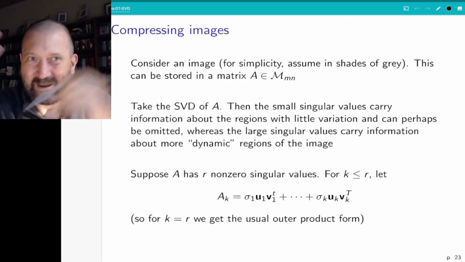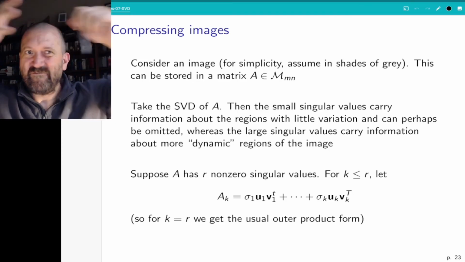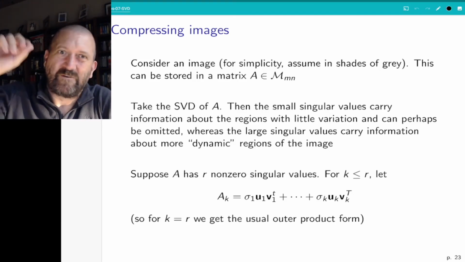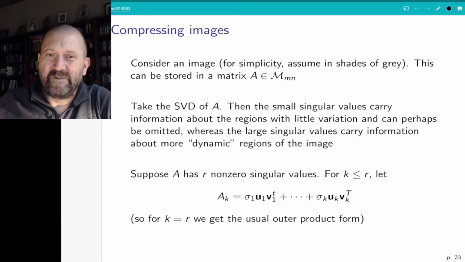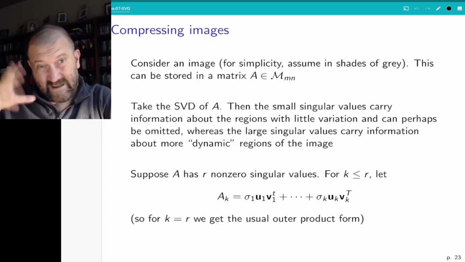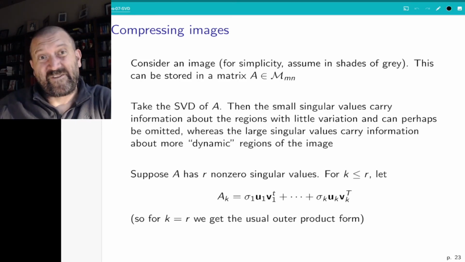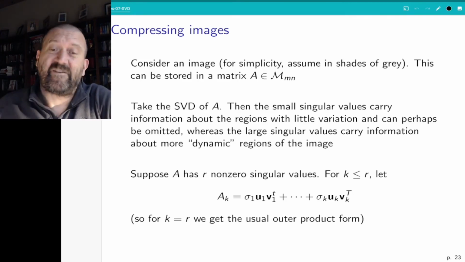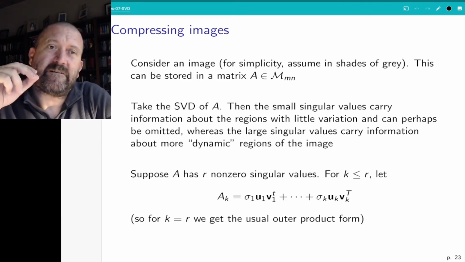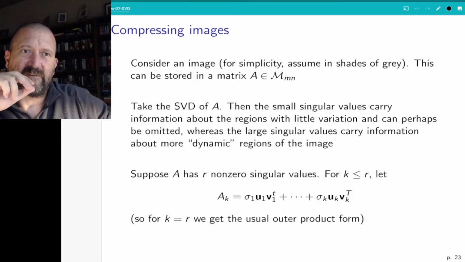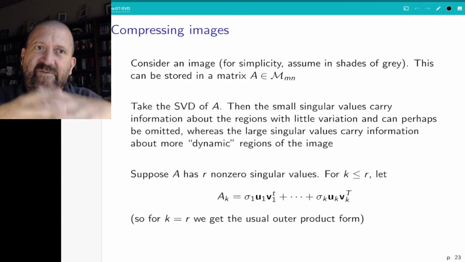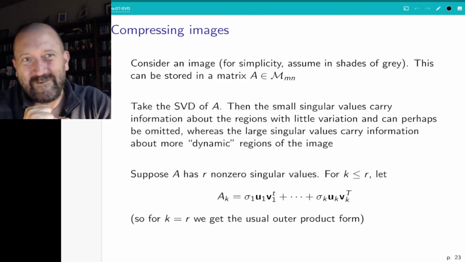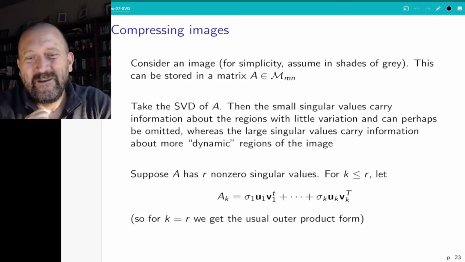My image is a matrix, it has pixels, and every pixel is simply the value of the gray level there. I'm going to apply the SVD to it, and this is a property of SVDs in general, and it's somewhat magical. You will see it's actually quite cool.